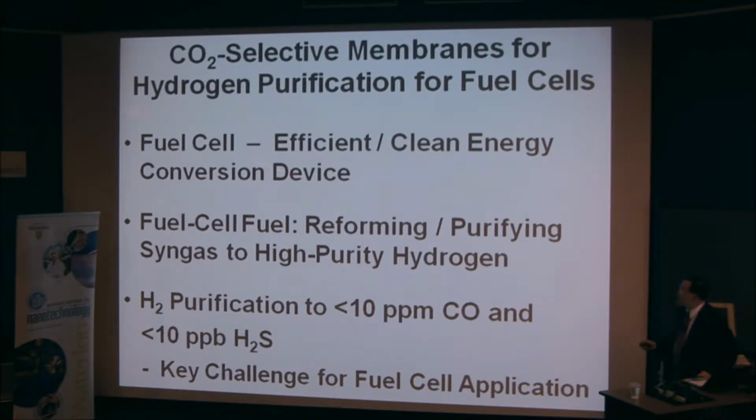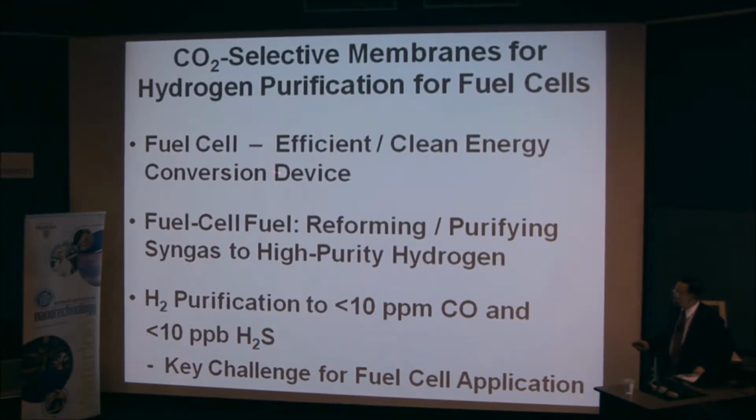As you know, that fuel cell works well if you have a high purity hydrogen. So today, the cheapest hydrogen really comes from the natural gas, through the steam reforming. But unfortunately, any of those carbonaceous material, we're going to deal with carbon monoxide.